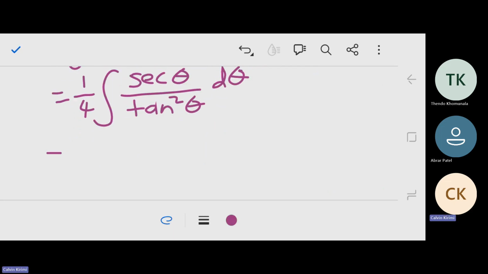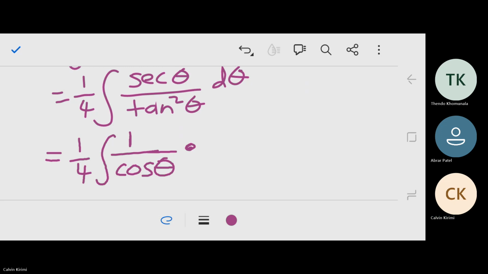That is equal to 1 over 4 integral. Secant theta is 1 over cos theta, so where there is secant theta, we say 1 over cos theta. We are going to multiply 1 over cos theta by what? What is tan squared theta?